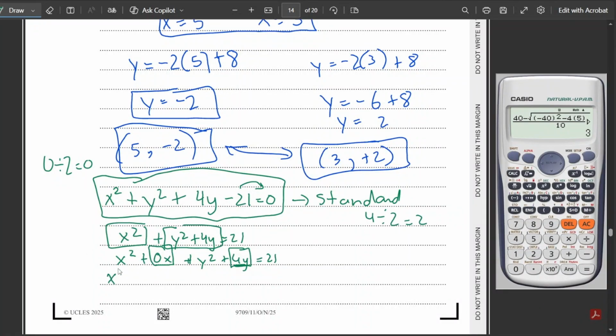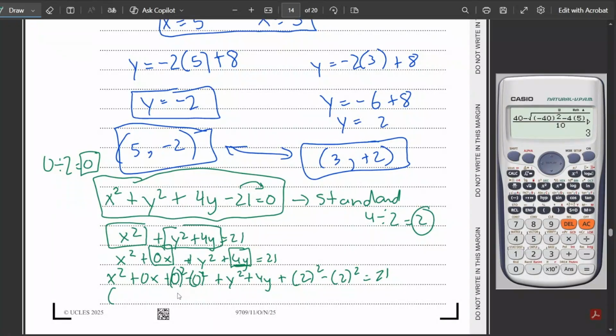So I have x squared plus 0x, and that 0 I just found out, I'm going to add that 0 squared and subtract that 0 squared, and then I'm going to do the same for y. So add the 0 squared, subtract the 0 squared, and then y squared plus 4y, add the square of the 2 you just found out, subtract the square of that 2, and then equals 21. So what next?